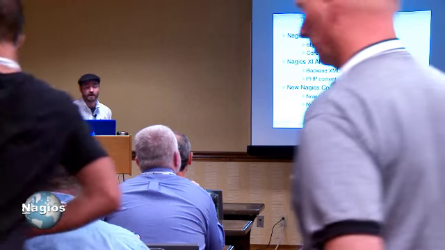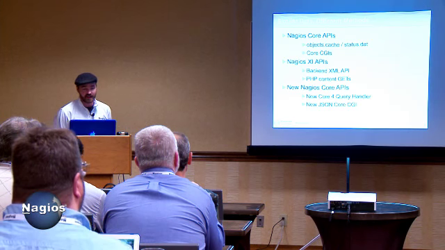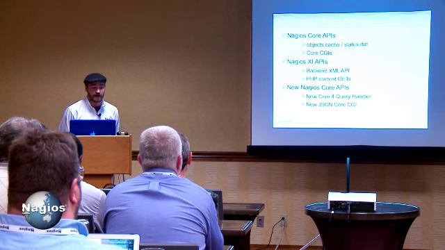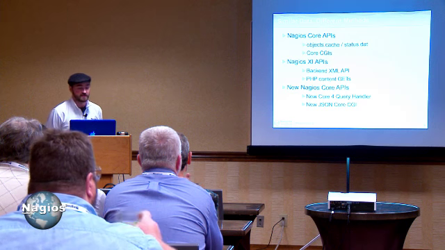So we'll be covering Nagios Core APIs. We'll talk just briefly about objects cache, status dat, the core CGIs. We'll move then very quickly into the backend XML API and XI, and then we'll talk a little bit about the PHP content gets.